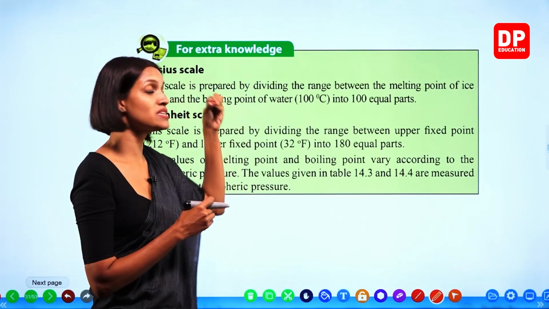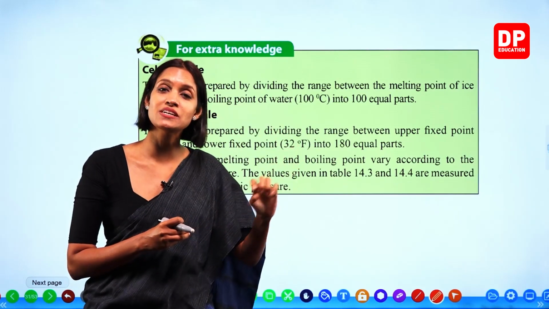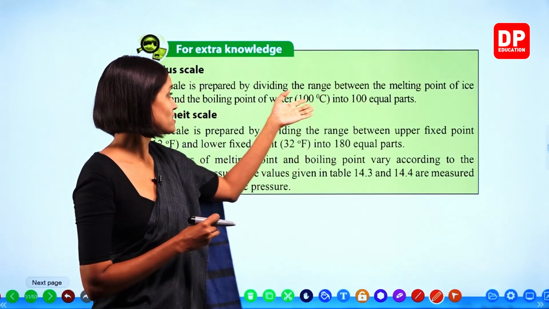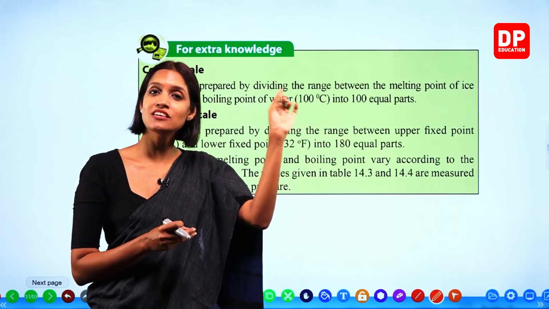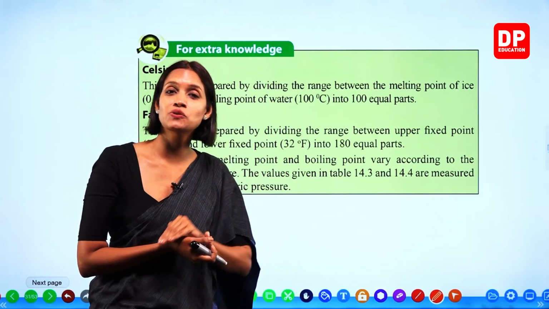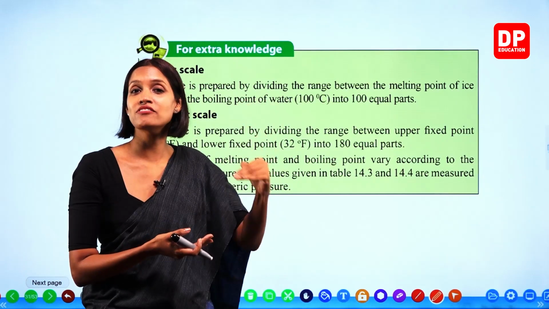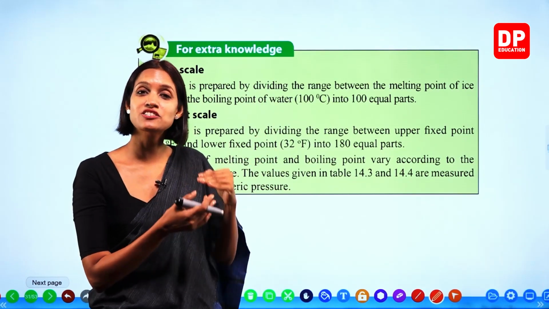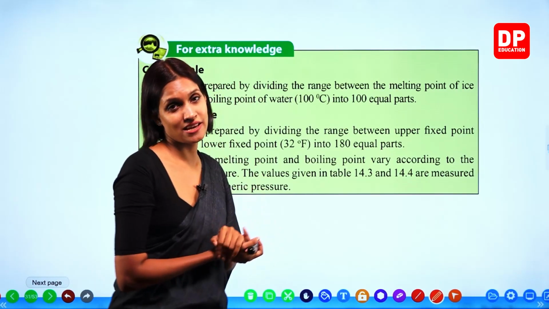And then you can use the same thermometer to check the boiling point of water. And that temperature is 100 degrees Celsius. You mark the upper level by that. So between 100 and 0, you have to divide that length into equal 100 pieces. Right? That's how we can prepare the Celsius scale.